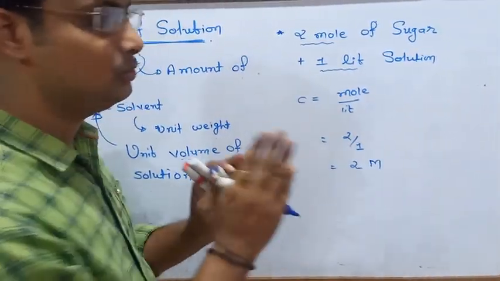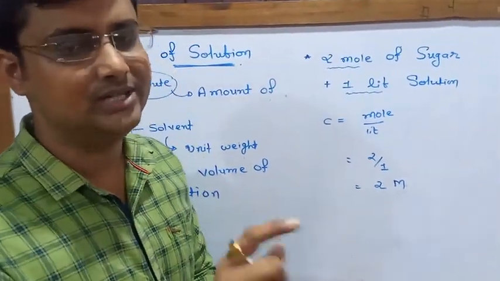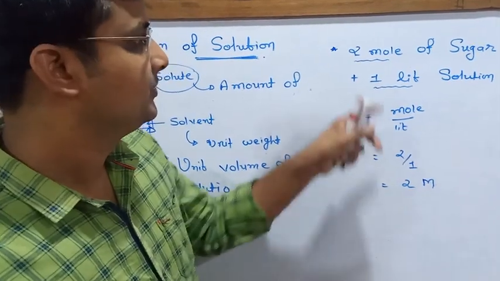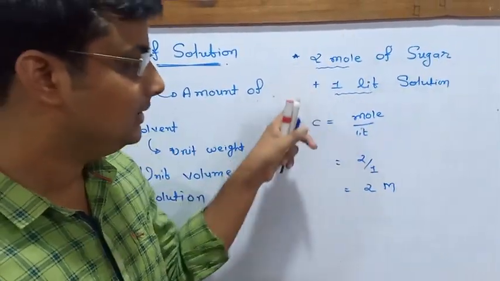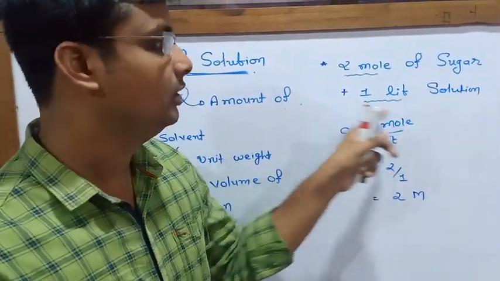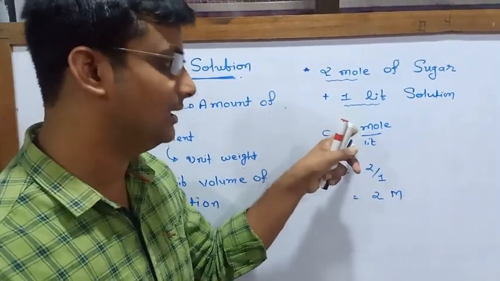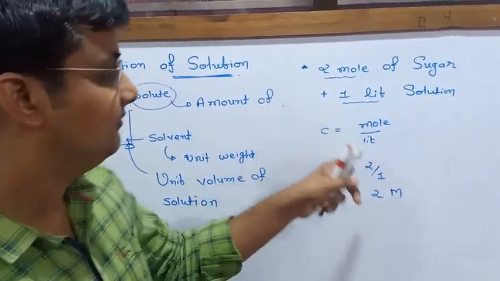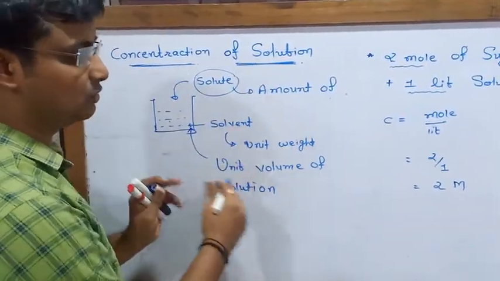So whenever you calculate your concentration, it must be per unit volume. Or amount of solute dissolved in unit mass of solvent. If the mass of solvent is given, then also you can define concentration. I hope you can understand very easily what you mean by concentration.